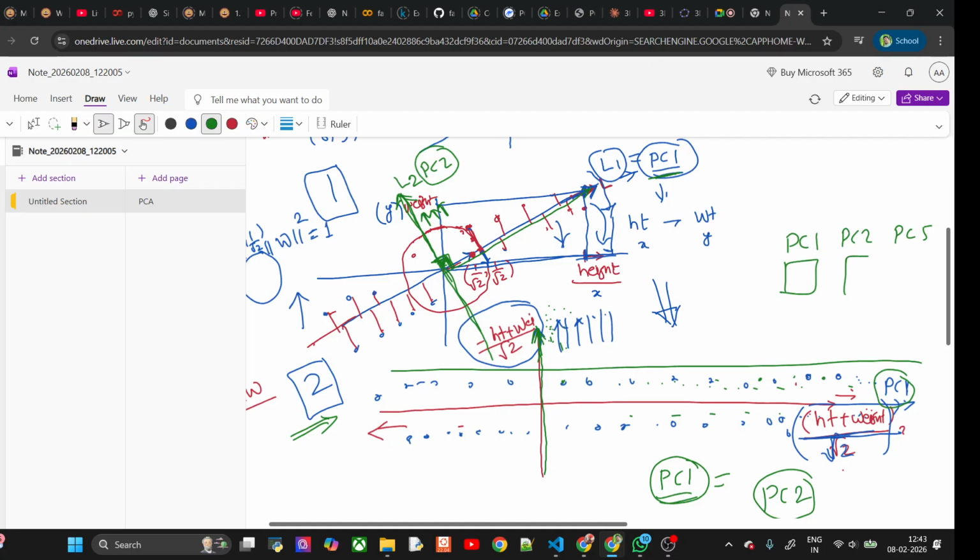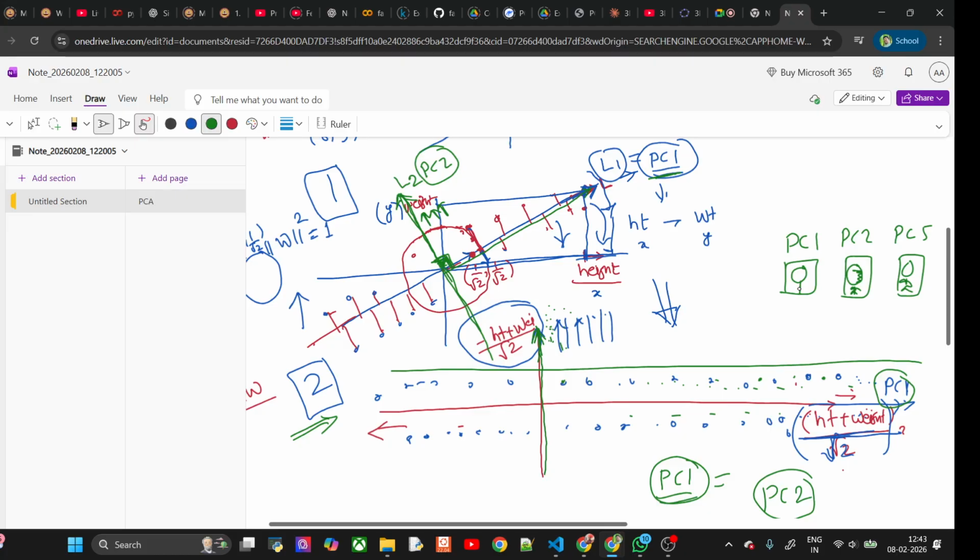So the person's face here is not the same. Whatever person's face you get, you get the same person, but in other directions you get more information, more variance in that direction, which is added in this face and is not present here. So you should not stop at PC1, you have to calculate PC2. You will get more and more variance information from that object if you calculate more and more principal components.